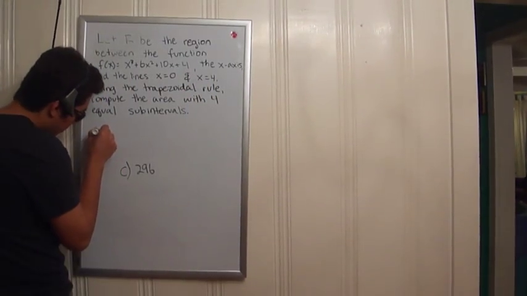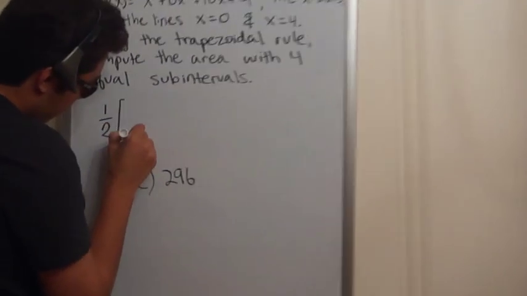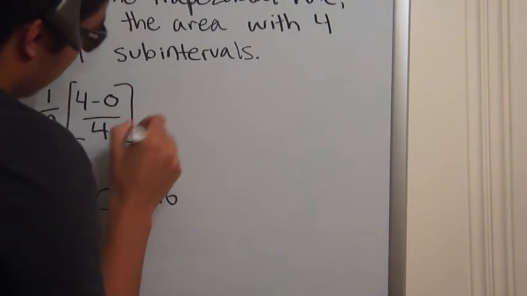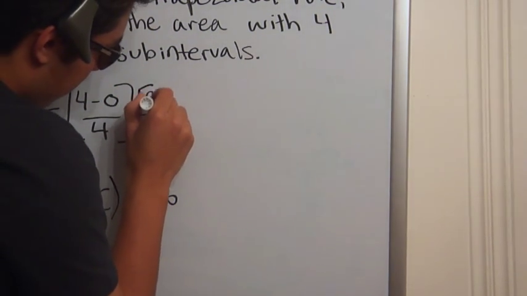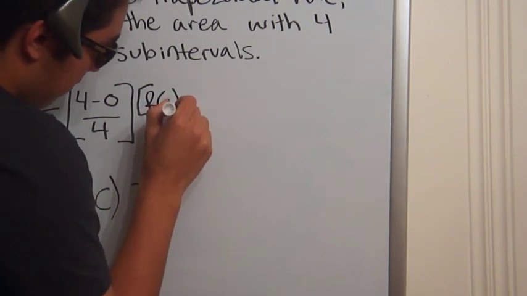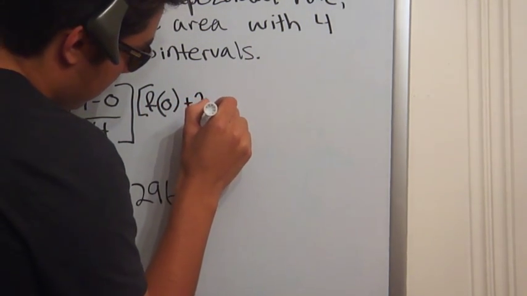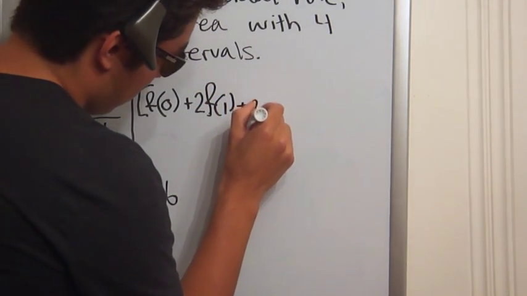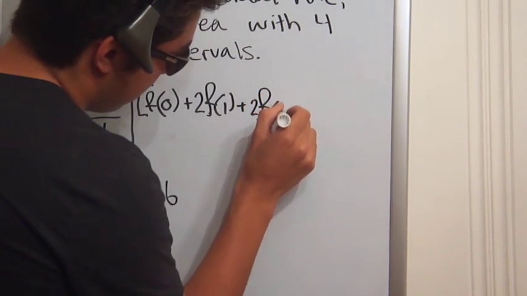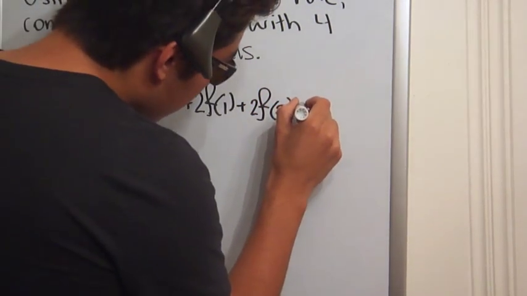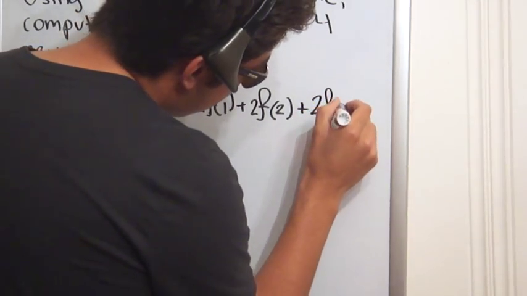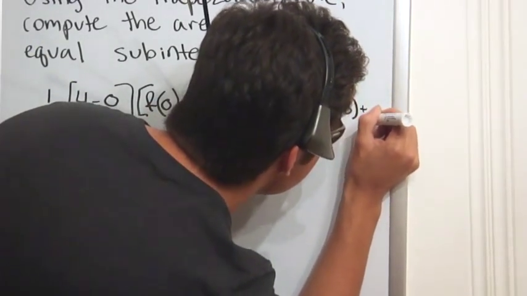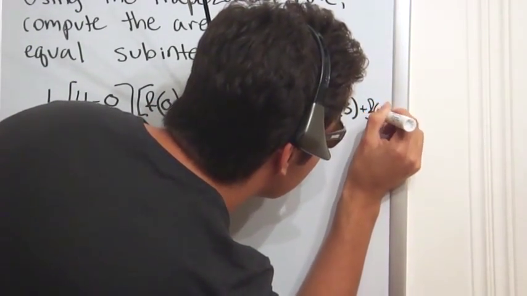You're going to take 1/2 times 4 minus 0 over 4, because 4 subintervals. And you're going to multiply this by the input values of f of 0 plus 2 times f of 1 plus 2 f of 2 plus 2 f of 3 plus f of 4.